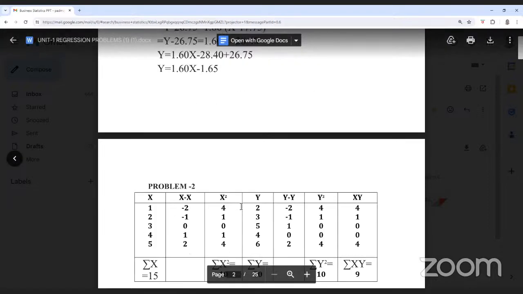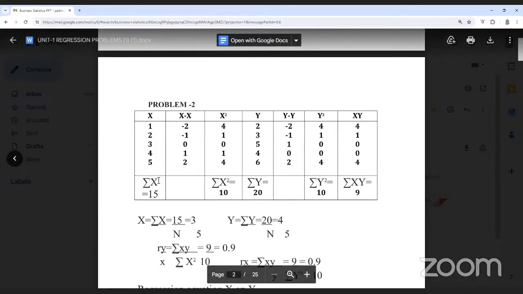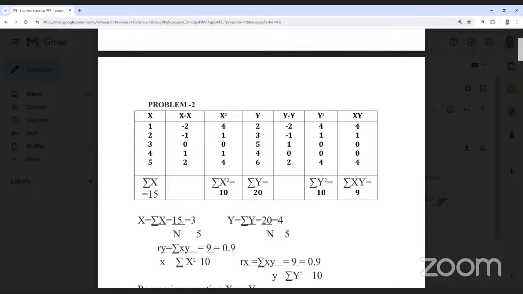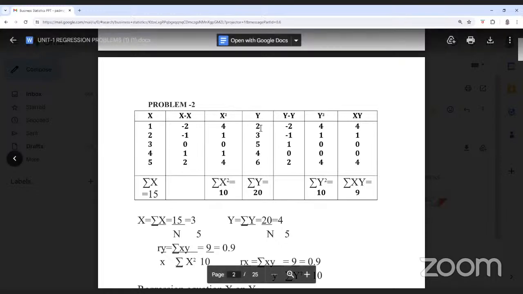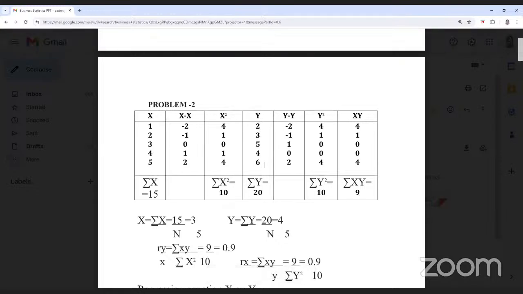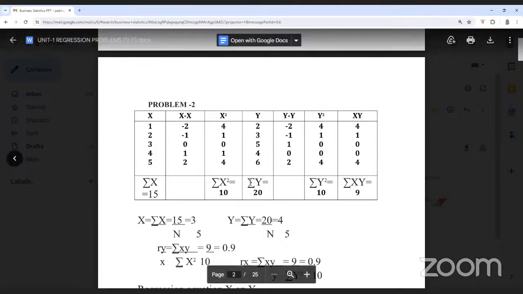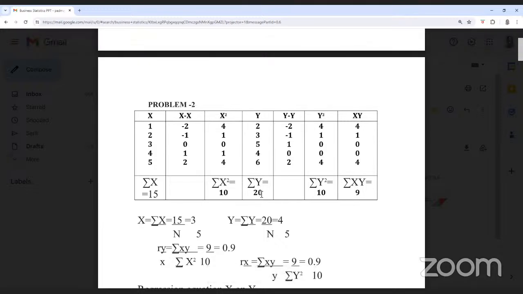Now see here, the x values are 1, 2, 3, 4, 5 and y is 2, 3, 5, 4, 6. What is the total sigma x? It is 15. Sigma y is 20.